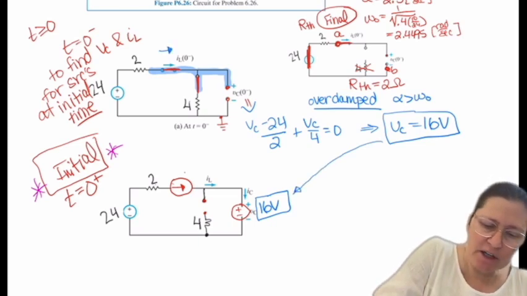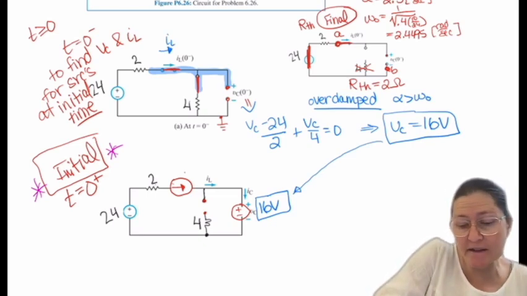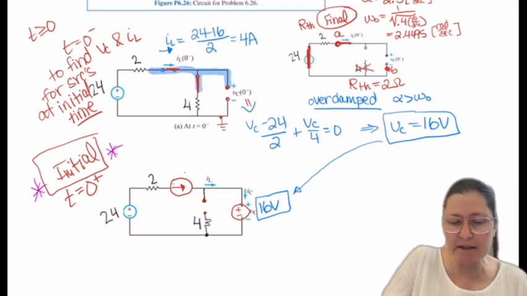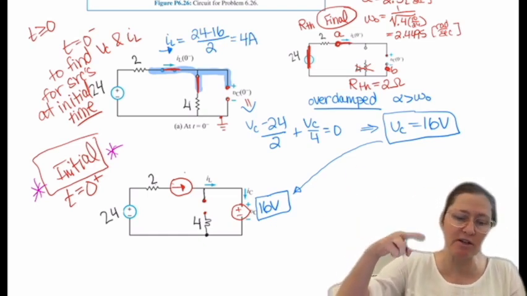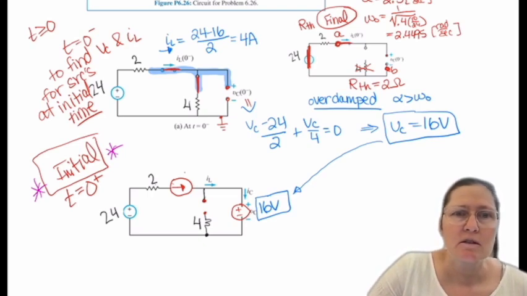IL will be the current, and I only have one branch, but knowing VC, I can say that IL is (24 minus 16) over 2, which is 4 amps, or I can look at there's only one branch there and say 24 over 6, which is also 4 amps.